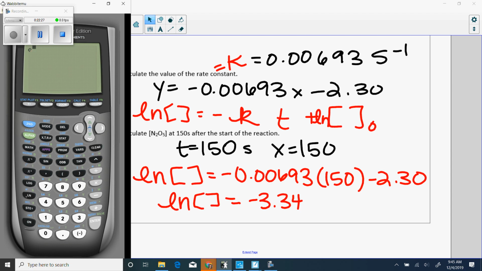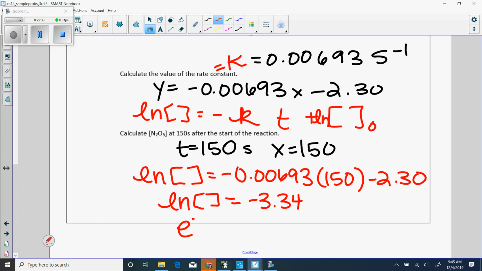So to undo natural log, we do e to the, which is second natural log, negative 3.34 equals... Concentration is in molarity.